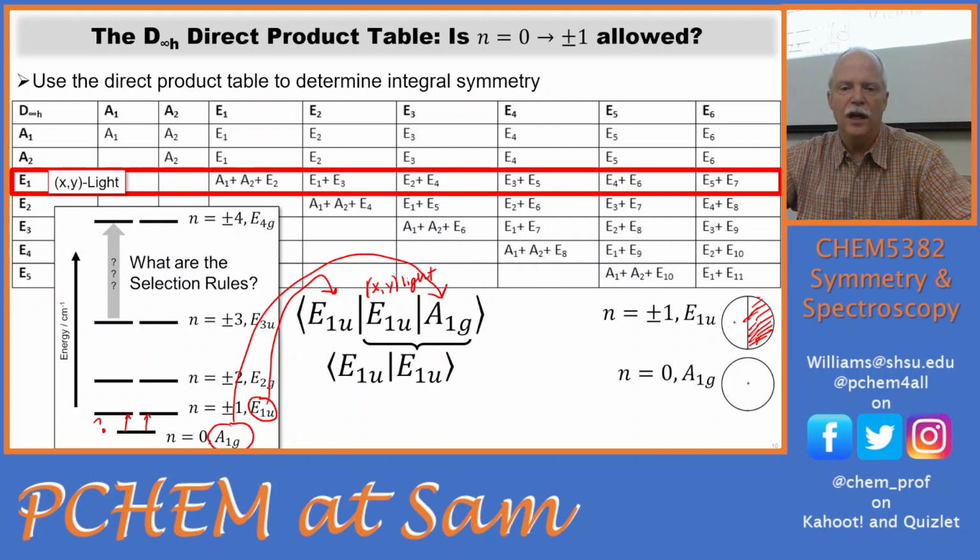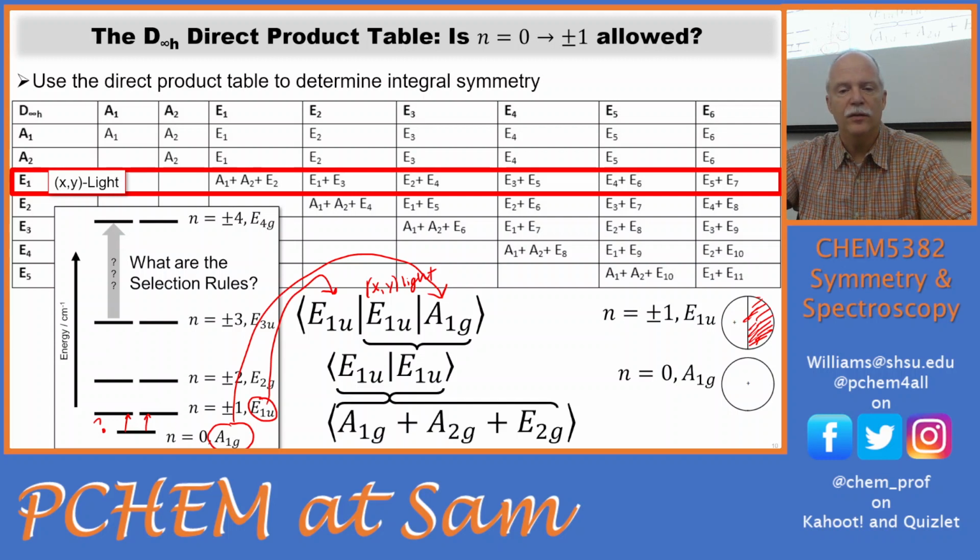So A1 times E1 is E1, and g times u is u. Then we go up here to the character table, and we see E1 times E1 is right here: A1, A2, and E2. And then for the g, it's u times u, so we get g's for all of those.